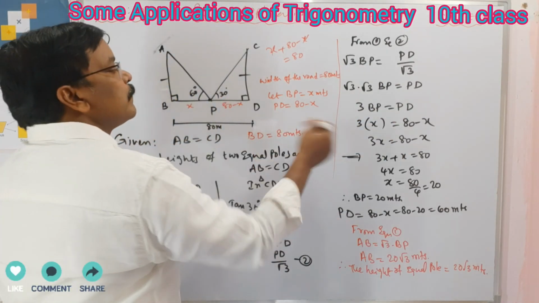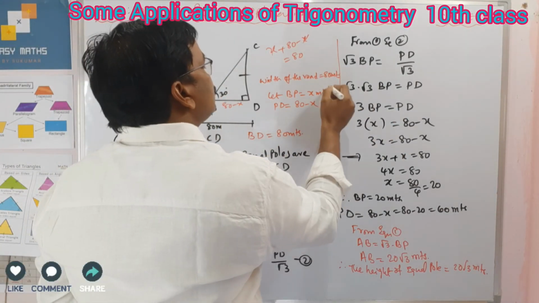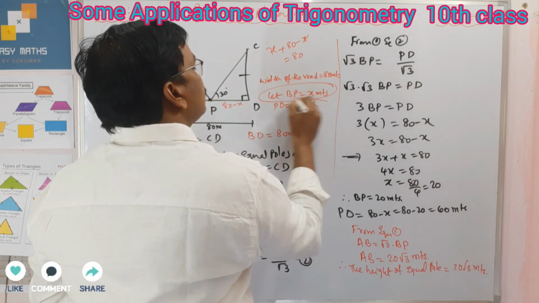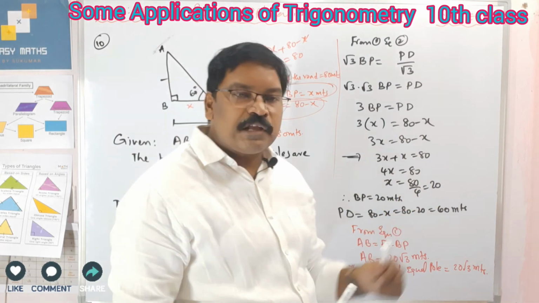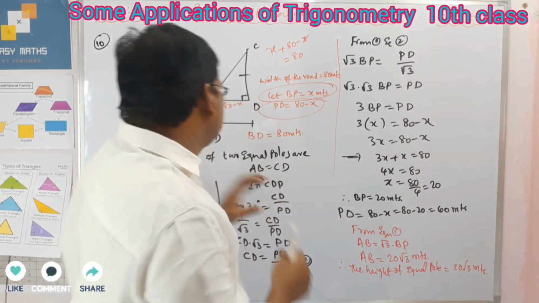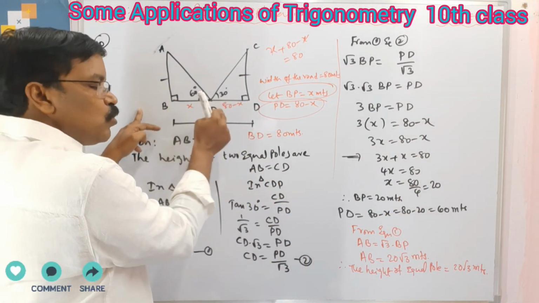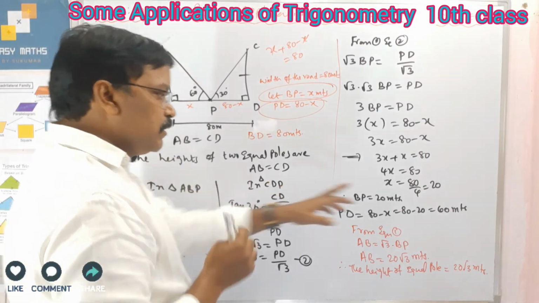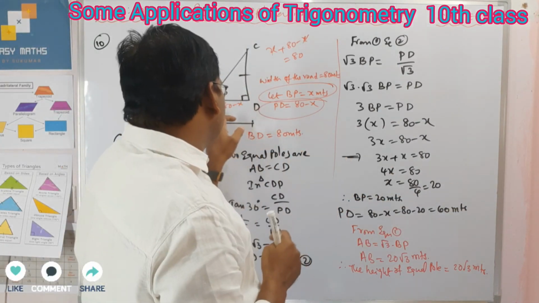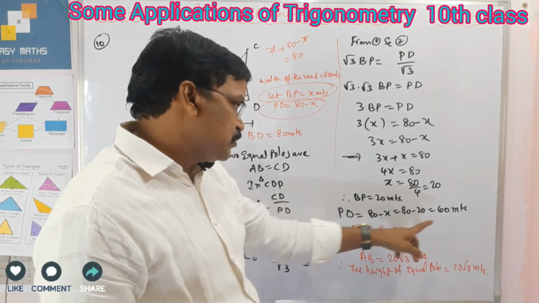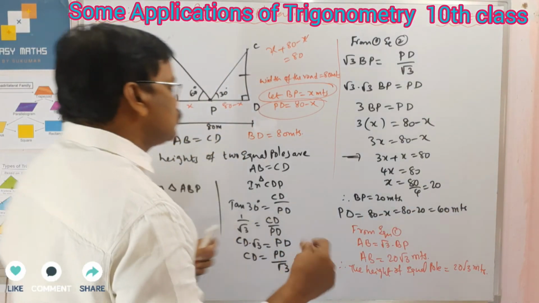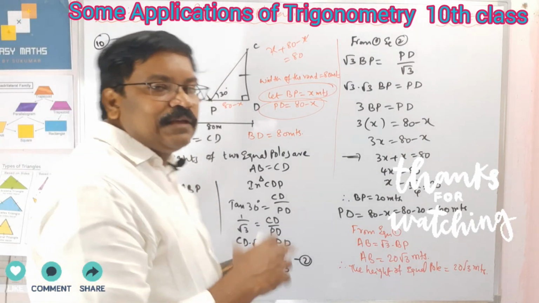But BP means x meters and PD means 80 minus x meters. So from this, the x value is 20 meters. BP is 20 meters. Again we find PD: 80 minus 20, that is 60 meters. So my dear students, here AB means the height of the pole.